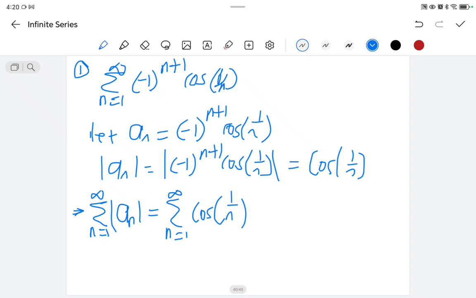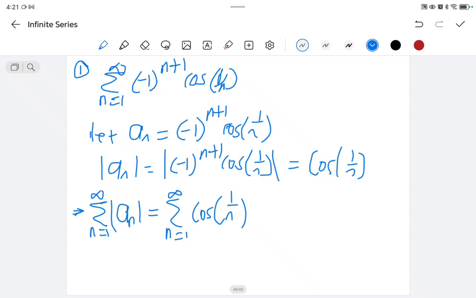Does this converge or diverge? In order to check, I think I have a calculator.